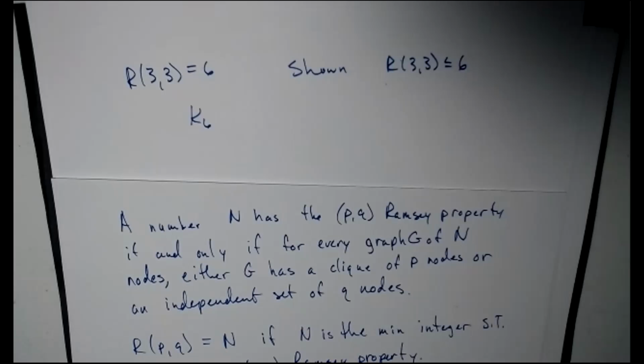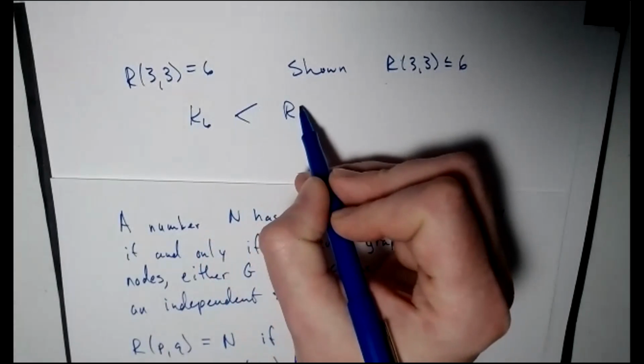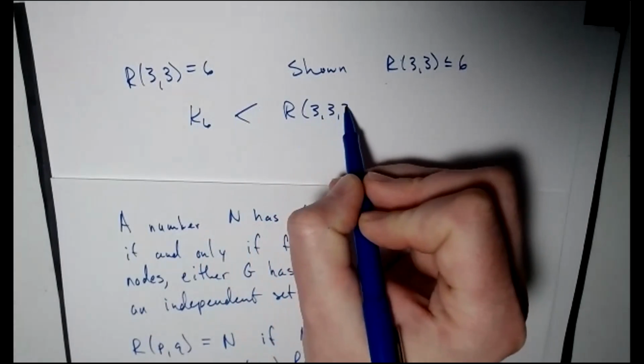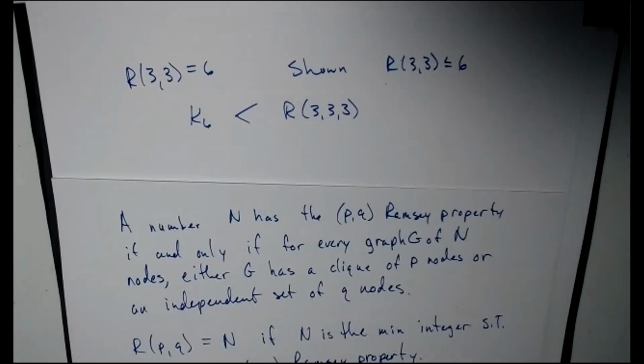That is an interesting one because it generalizes up. And so we could talk about R333, which is, what if we did a 3 edge coloring? Then how many nodes would we need to guarantee that one of our edge colorings had a 3-edge triangle in it?